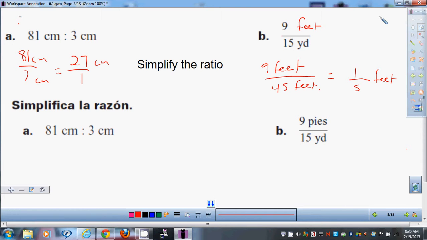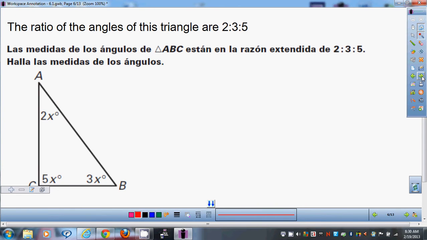All right, let's look at another. Here's another way you might see ratios. Now, they gave you the picture here, but they won't always. The ratio of the angles of the triangle are 2 to 3 to 5. And this is how you would draw that if you didn't have the picture given to you.